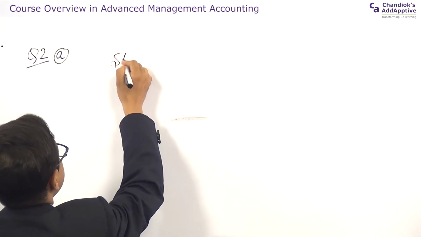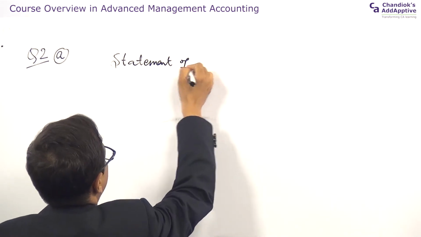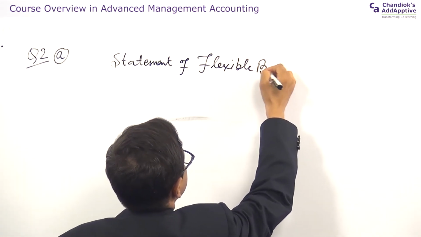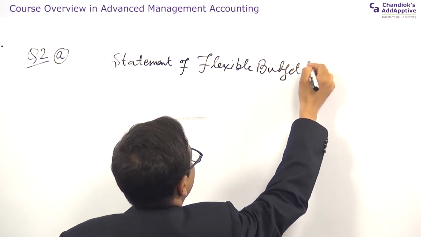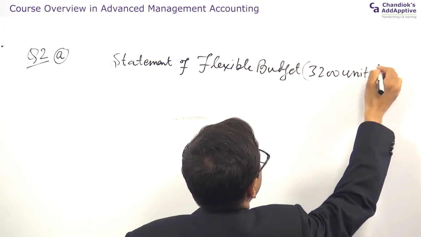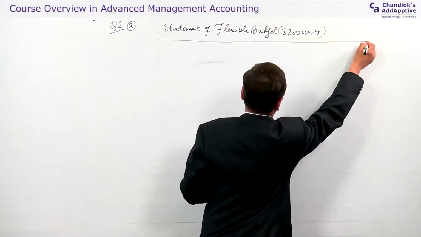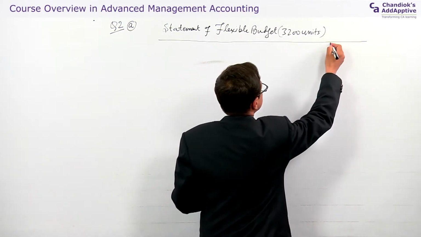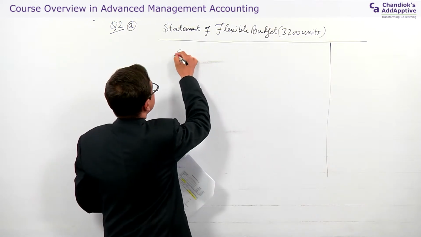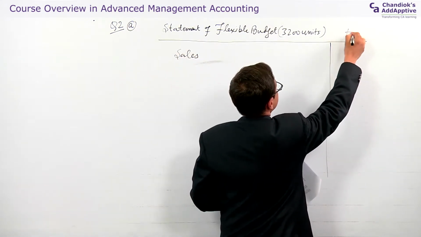So we are solving it. Statement of flexible budget for 3,200 units, right? Sales. So please write rupees.